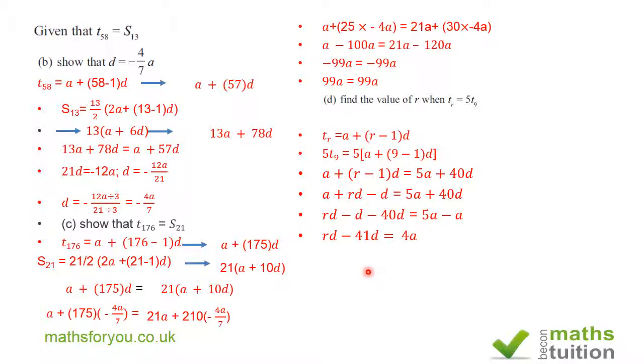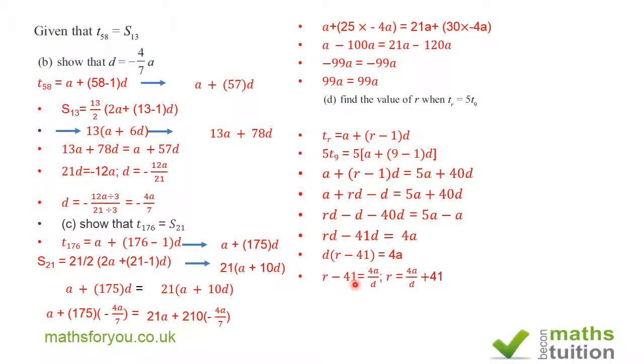If we then collect like terms on the left hand side, we have rd minus 41d is equal to 4a. If we then factorize the left hand side, we have d into r minus 41 is equal to 4a.